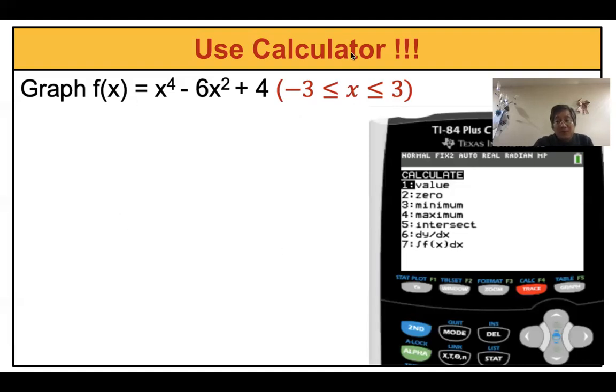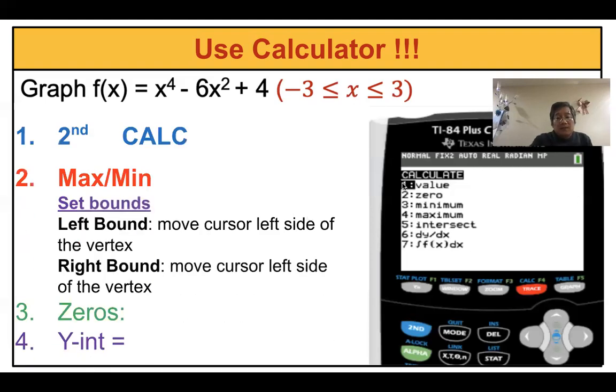How many times does it turn? 1, 2, 3, and 4, like this. The calculator will show you the shape, but you should know how it looks, because sometimes the calculator cannot show everything. You should imagine the shape of the graph. All right. Then let's find the zero first.